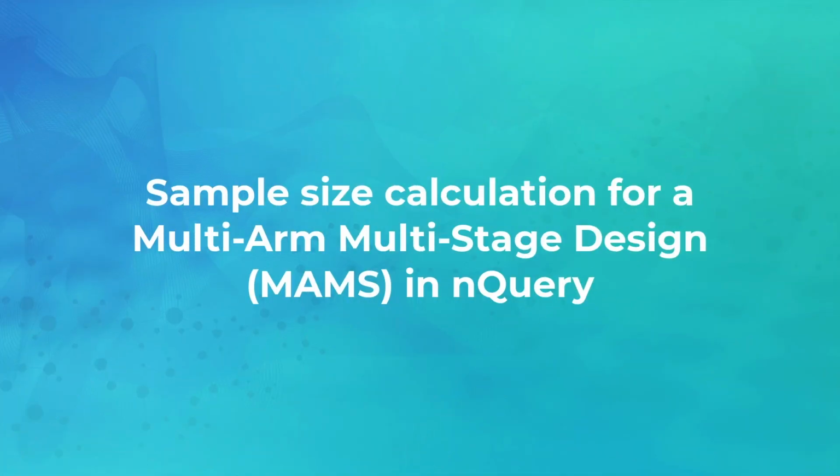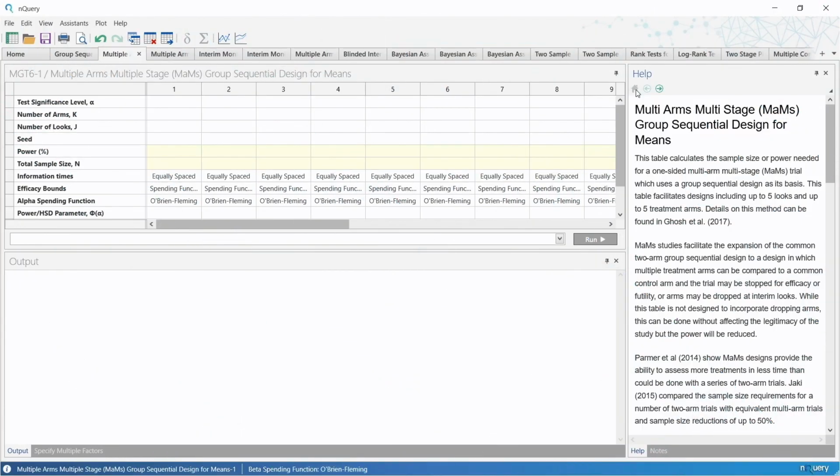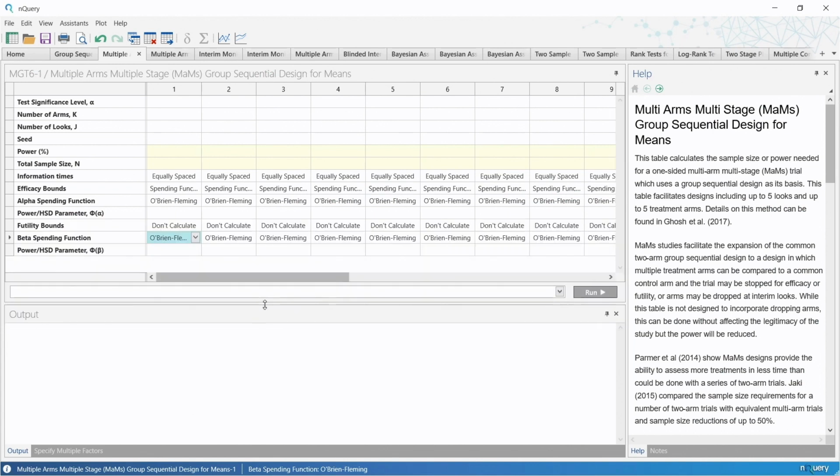In nQuery, the sample size calculation for a MAMS design consists of 2 parts. In the main table, we need to specify our parameters for the overall study, such as the number of arms and the number of looks, and our expected significance level and power. And we also need to specify the spending functions that will be used for the efficacy and/or futility bounds.